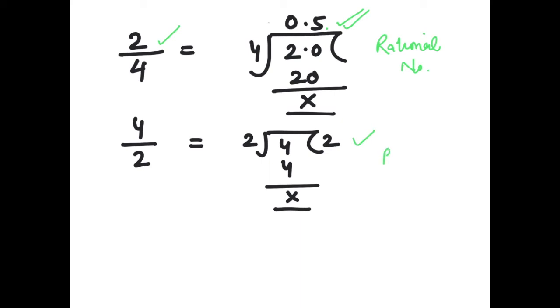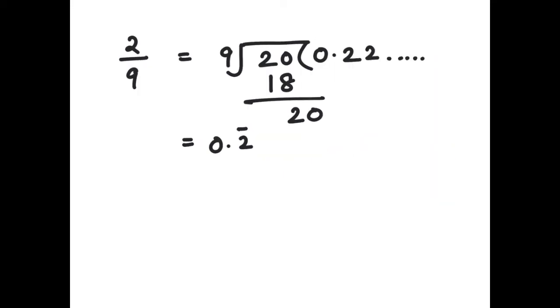So you can say it's also a rational number. In this example, 2 over 9, if you divide 2 by 9, you get 0.222. It's not terminating, but it has a definite pattern. That means 2 is repeating itself, but it has a definite pattern. So it's a rational number.